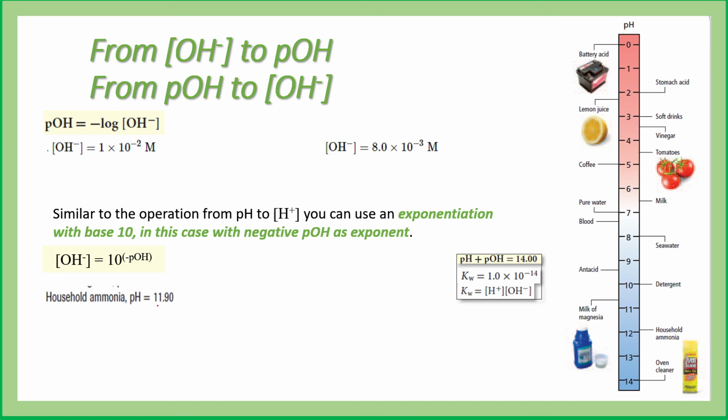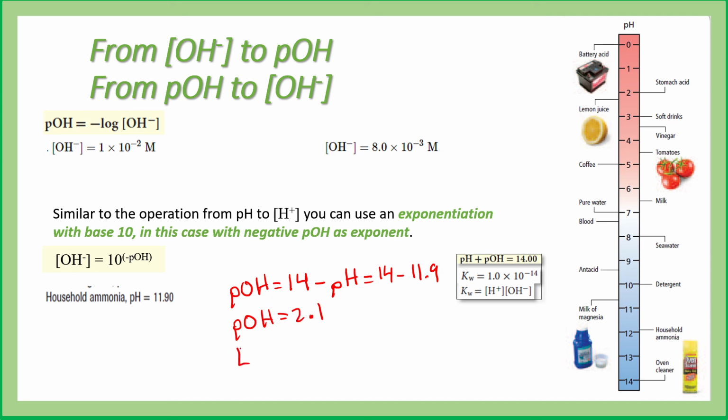So we have the pH of 11.9, and we can calculate the pOH. pOH is equal to 14 minus pH, which is 14 minus 11.9, so the pOH is 2.1.